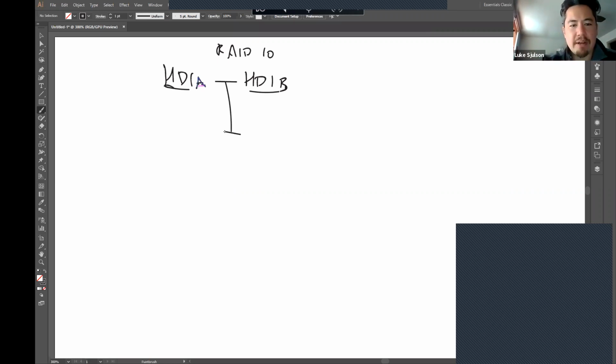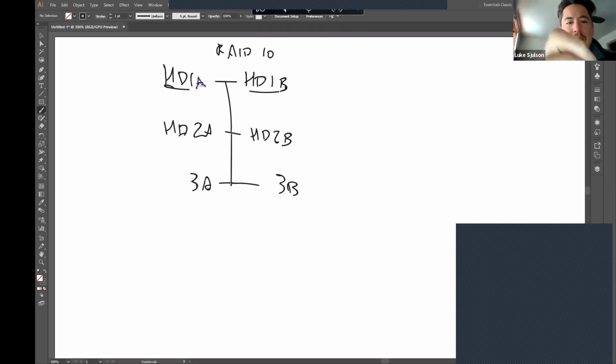And then you have hard disk 2A and 2B, and then 3A and 3B. If each of these was 10 terabytes, then a system like that would have 30 terabytes of storage. You see what I'm saying? You have 60 terabytes worth of hard disks in there, but because of this one-to-one redundancy, you have only 30 terabytes of storage.